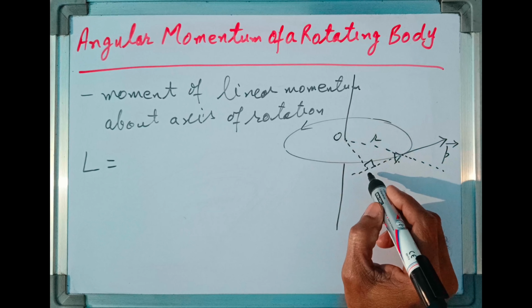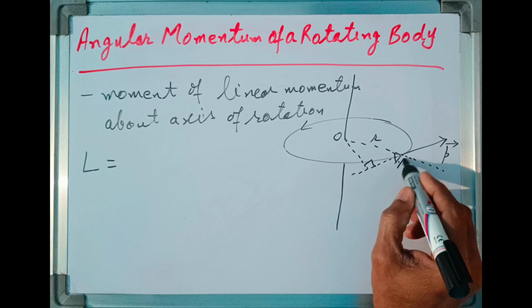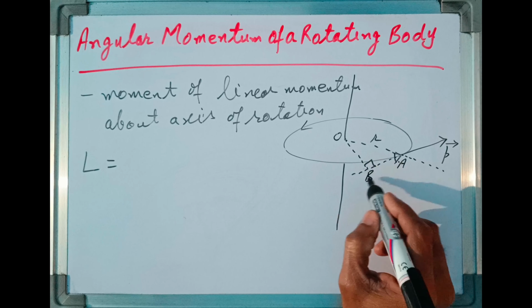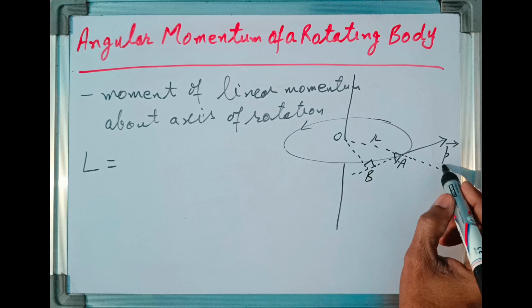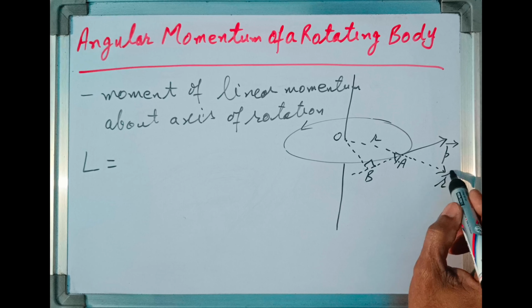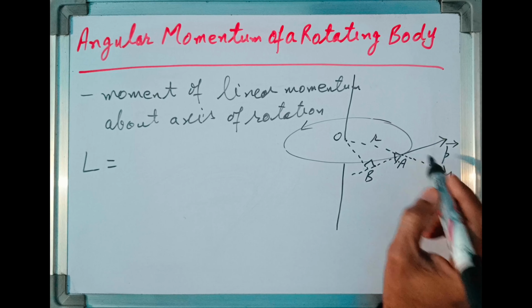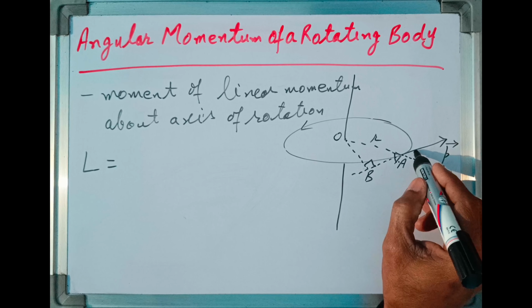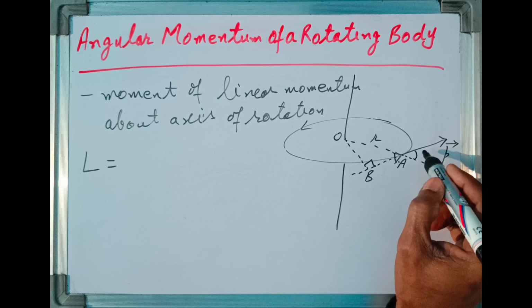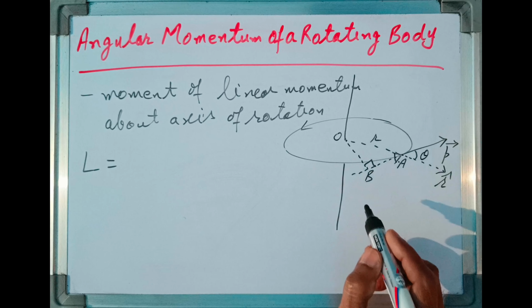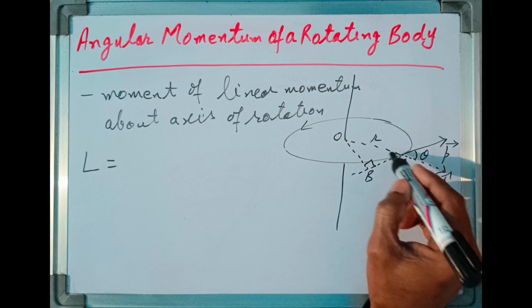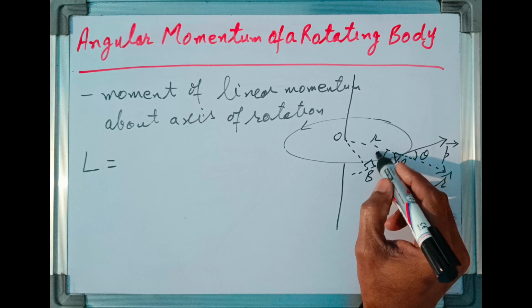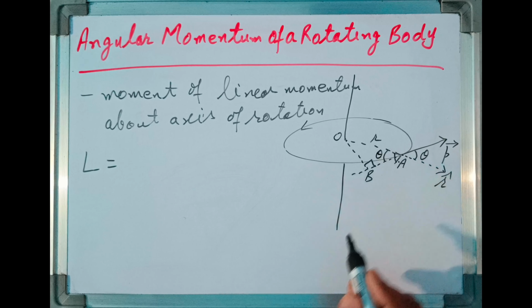Suppose this is point O, this is point A, this is point B. Let us suppose this is unit vector r in this direction. The angle between r cap and linear momentum is theta. This angle will also be equal to theta, being vertically opposite angles.